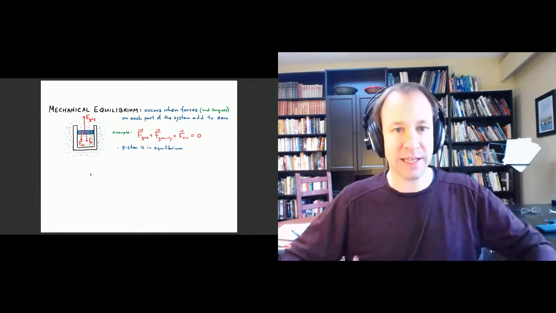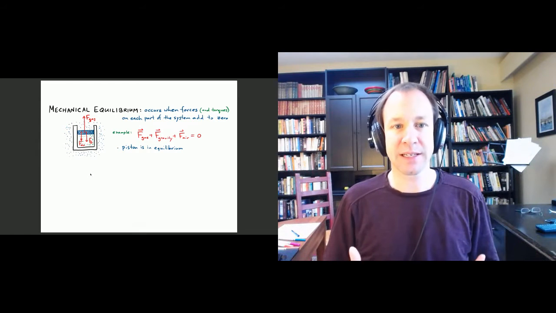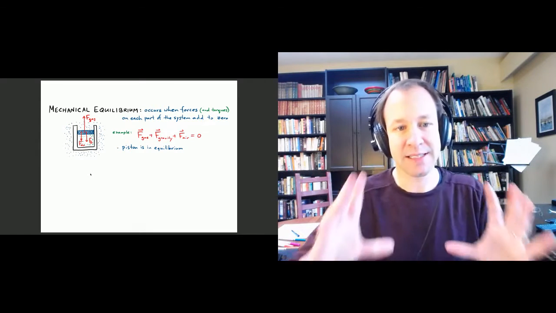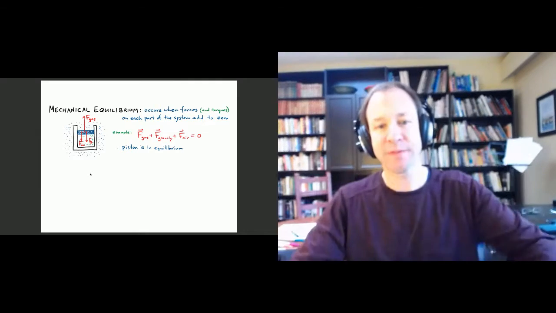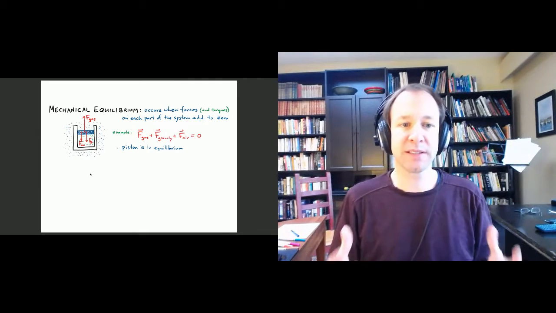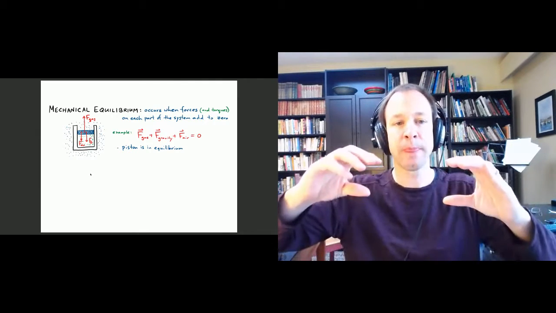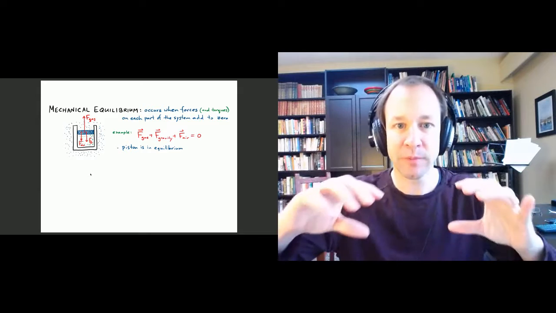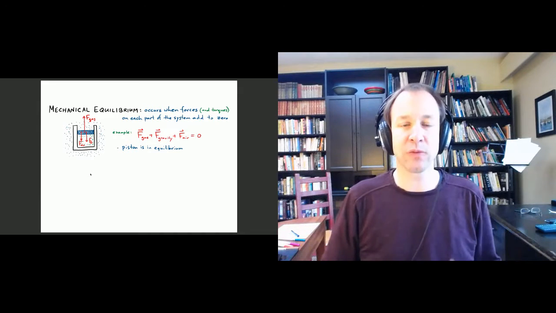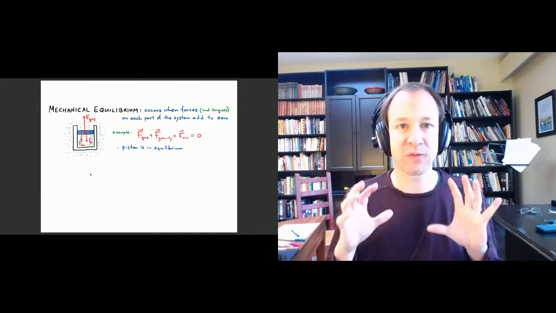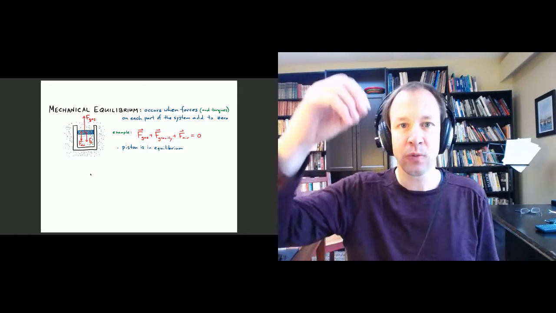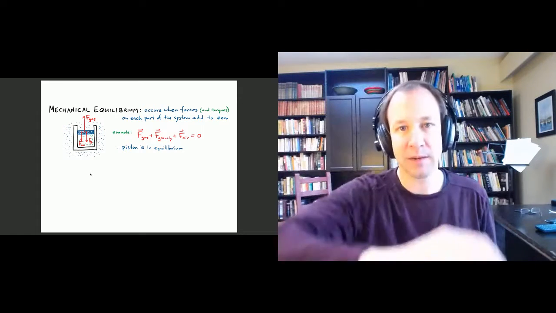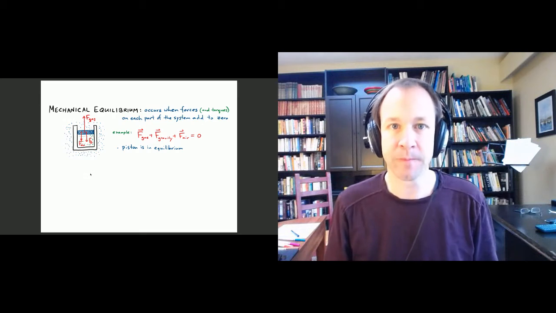So this is just the same kind of thing that we've been discussing. You can imagine a gas in a cylinder, and here there's a piston. And we first imagine that the piston is freely movable, but it's in some equilibrium configuration. What we mean by the idea of mechanical equilibrium is just the situation where the net force, in this case on our piston, is equal to 0.